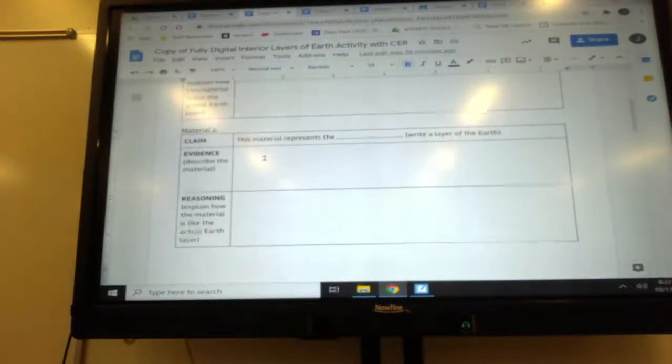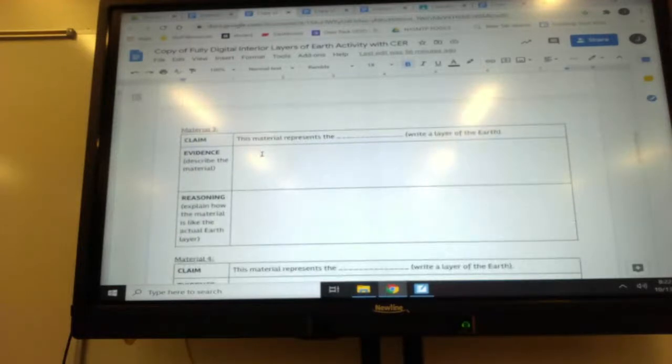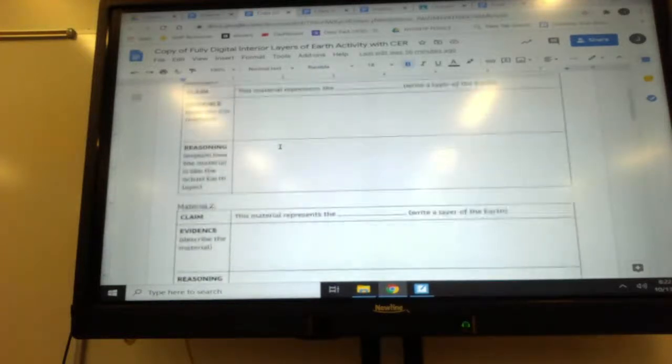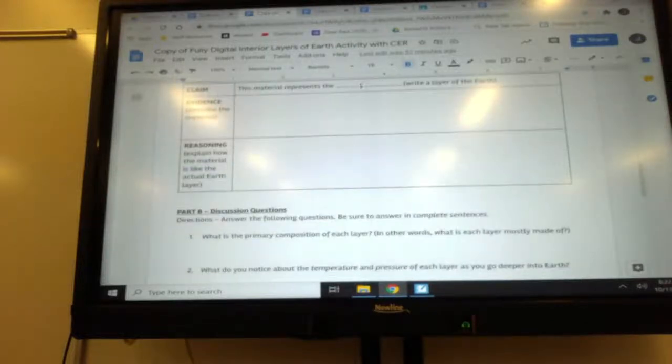So I'm going to show you 4 different materials. Usually this activity is done where you have multiple lab stations, so you can see and feel what's in the bags, but unfortunately we cannot do that. So I will display it for you. There's 4 things I'm going to show you. You have to tell me which layer of the earth that material represents. Okay?